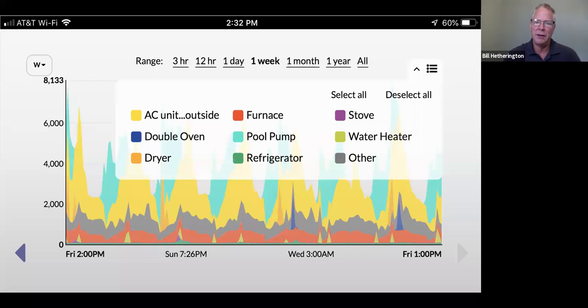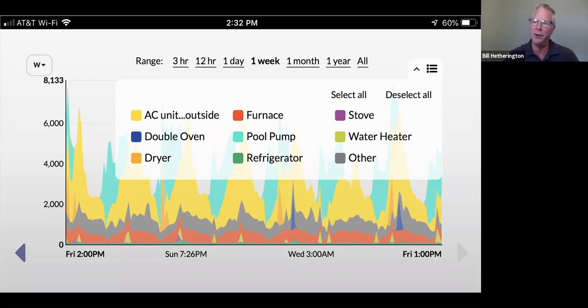In my case, what I found out is that my pool pump actually uses more energy than my air conditioner, and that's a pretty scary thought. Pool pumps are notoriously just completely inefficient. They're just cheap motors and they just run and run and run. And what I've also found is if the filter gets clogged, now you really are going to consume energy. So it's a way that we actually can apply this to help our members.